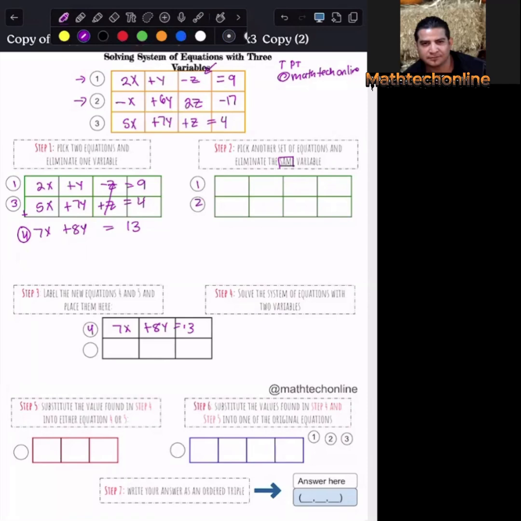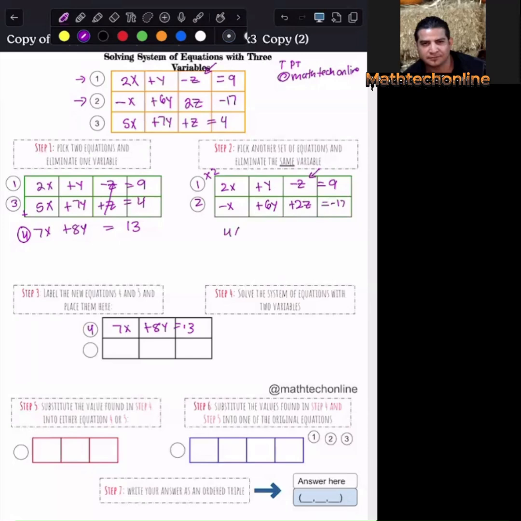In this case, we will multiply the top equation by 2 so that we can eliminate the z's. So I'm going to multiply the top equation by 2.